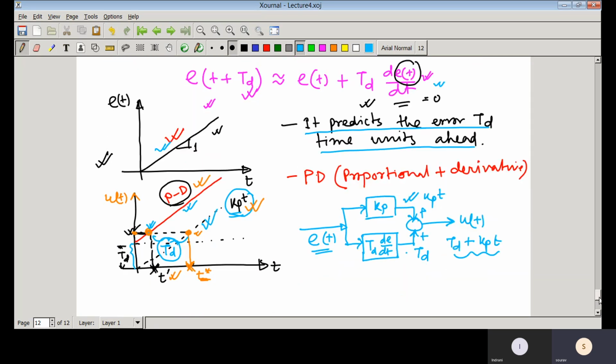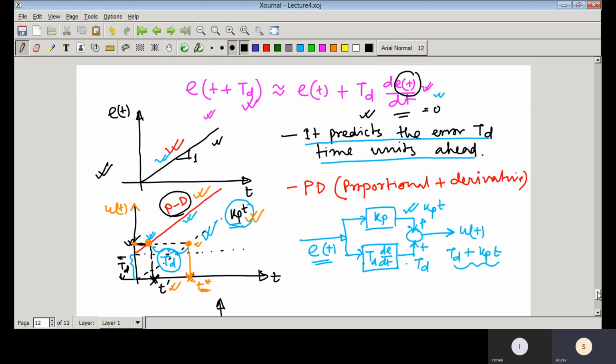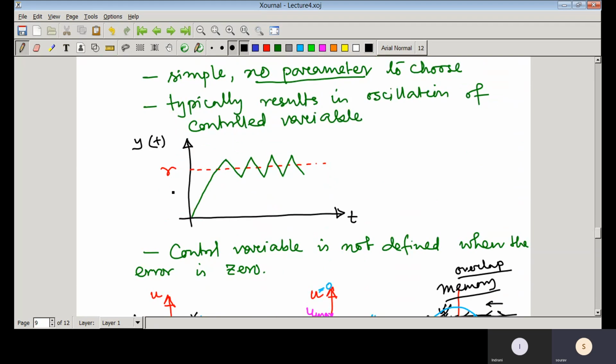And as it anticipates, anticipates means you can see here, if I just show a particular diagram, so just look at this particular diagram here. So R is the reference command and this is y(t).